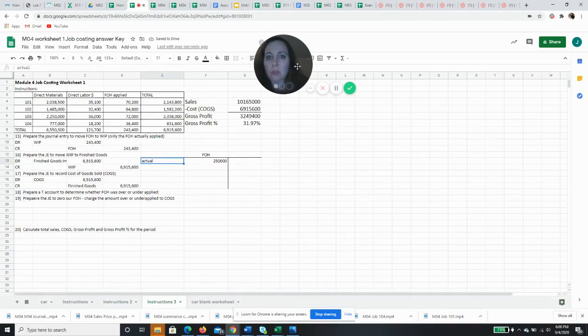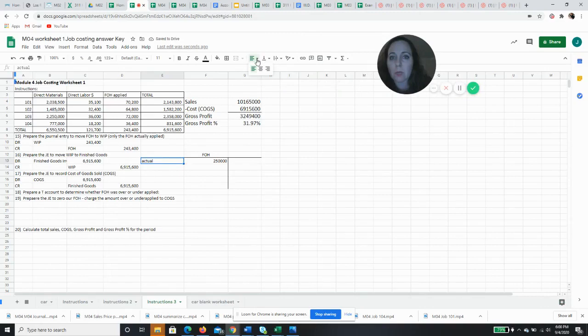I'm going to move myself and align this so that it looks better. All right, so we've got actual factory overhead of 250,000. Then we applied factory overhead. This was our credit right here of 243,400.